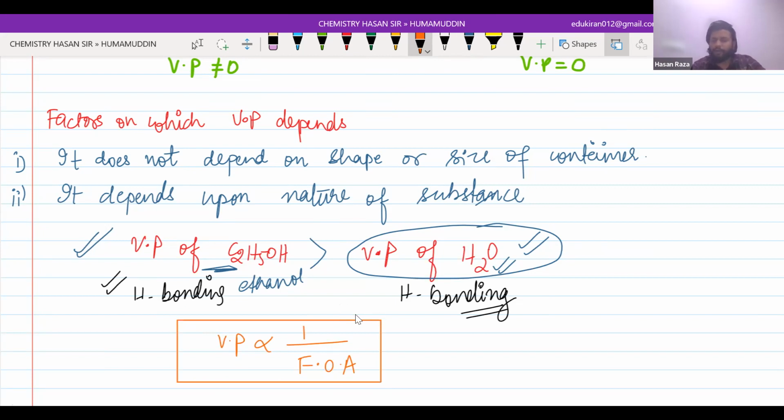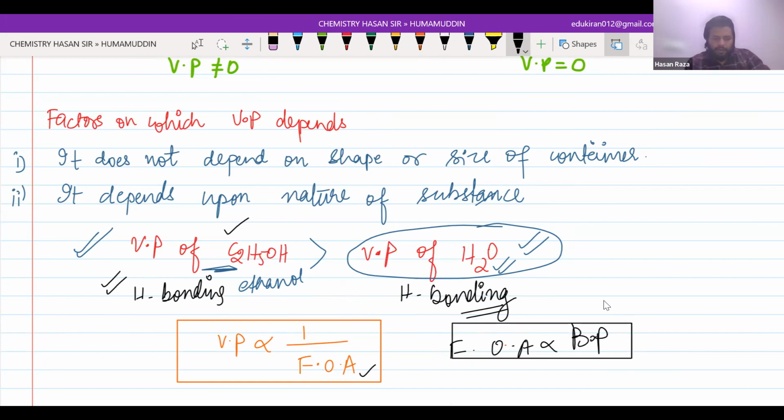And you can also connect this vapor pressure with boiling point. Water has boiling point almost 100 degrees centigrade, and ethanol around 60 degrees centigrade. So force of attraction is directly proportional to boiling point. Please do write it.